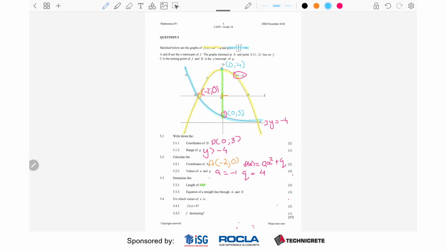Therefore, to calculate the length of CD, yC minus yD will equal to 4 minus negative 3, which is equal to 7 units.